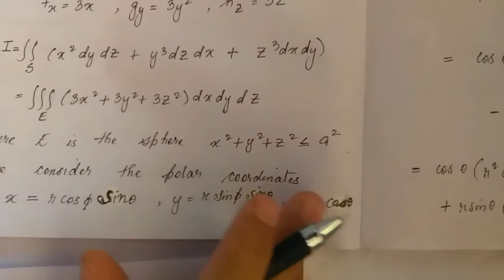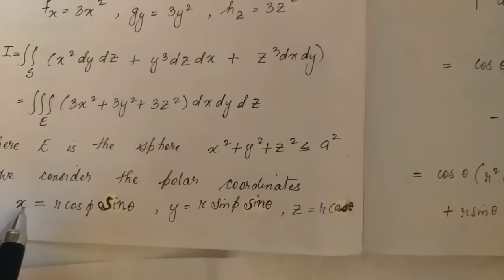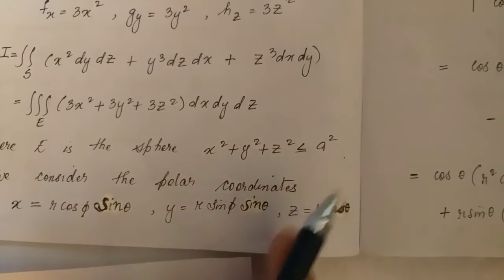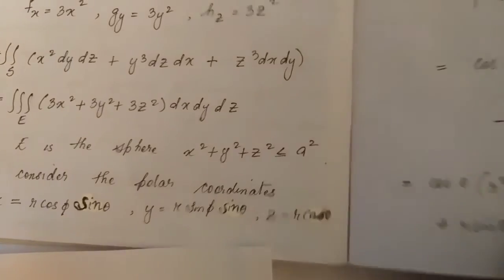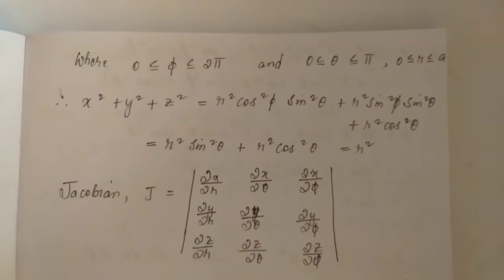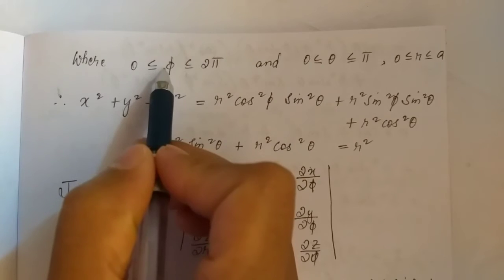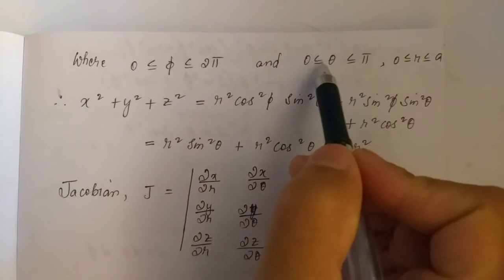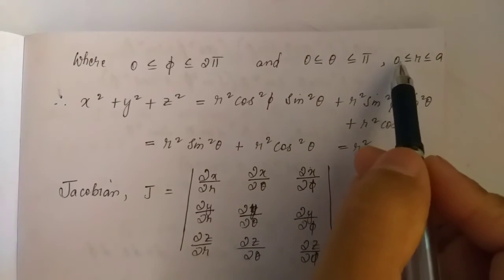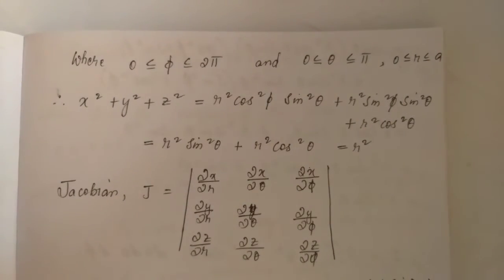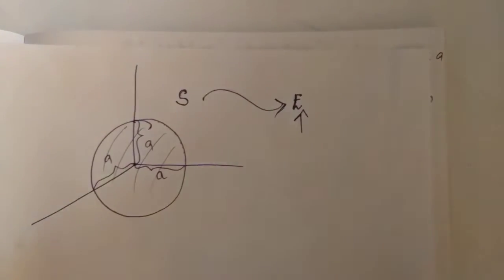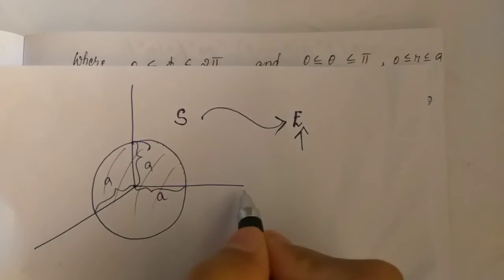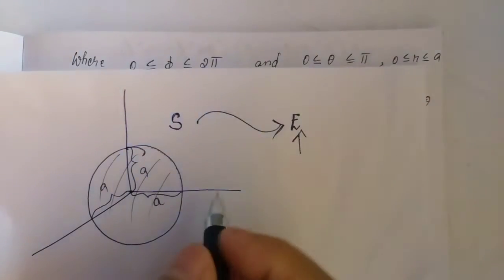Okay, the polar coordinates for the sphere are x equal to r cos phi sin theta, y equal to r sin phi sin theta, and z equal to r cos theta. And the value of phi ranges from 0 to 2 pi, the value of theta from 0 to pi, and the value of r from 0 to a. Remember, if it is only the surface, then the value of r is fixed.